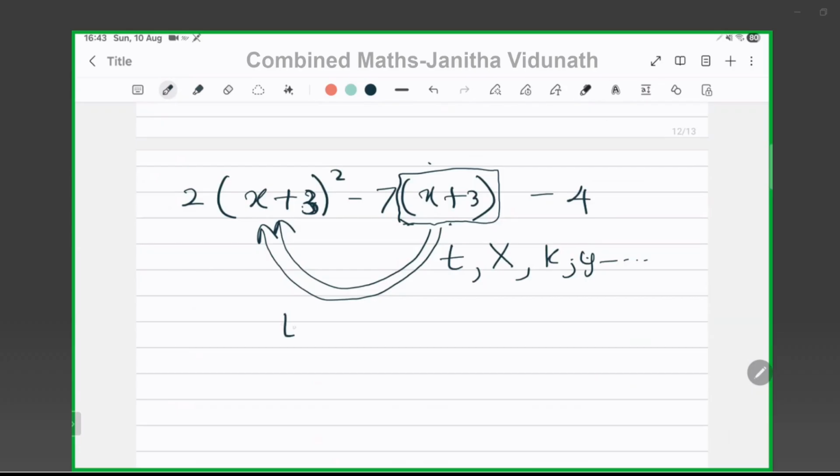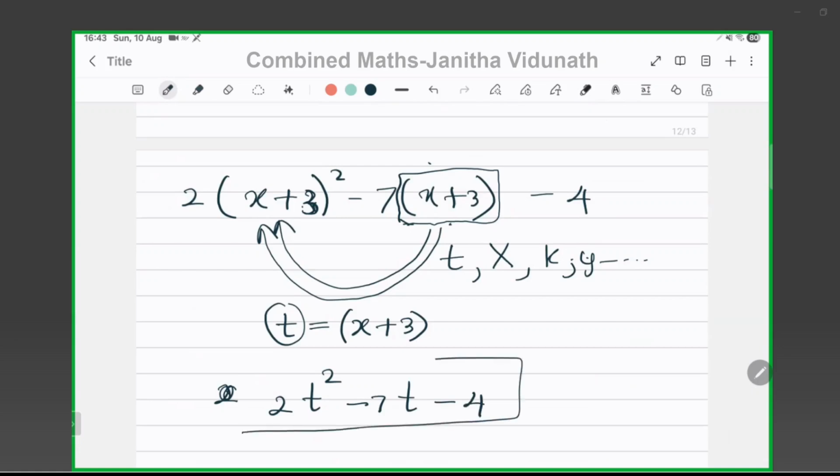Let's give t as this variable x plus 3. Then we can see that this forms a normal quadratic trinomial. If we substitute x plus 3 as t, then here we get t square, here we get minus 7 times t, and here we get minus 4.